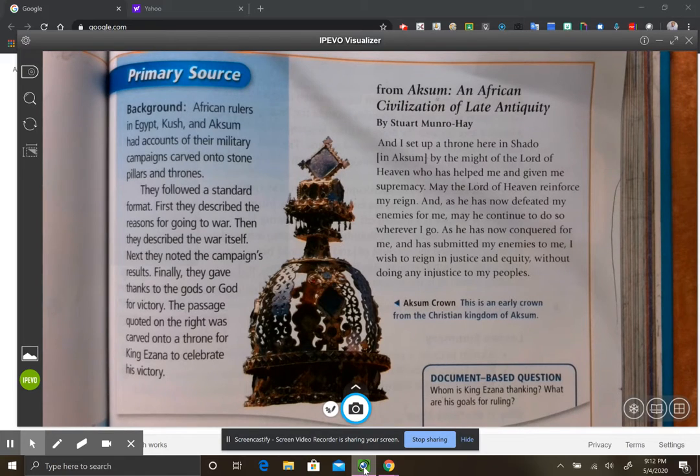May the Lord of Heaven reinforce my reign, and as he has now defeated my enemies for me, may he continue to do so wherever I go. As he has now conquered for me and has submitted my enemies to me, I wish to reign in justice and equity without doing any injustice to my peoples."